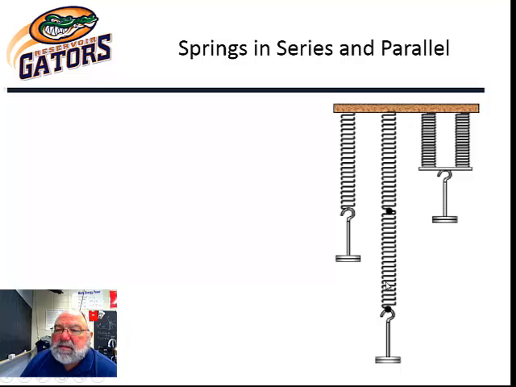Smaller spring constant, much more stretchy. However, if we connect them in parallel, it's as if each one is supporting half the weight. Well, really, they are supporting half the weight. So it appears as if the spring constant is, I'm sorry, the spring constant is more. It's less stretchy. It's twice as stiff as a single spring.